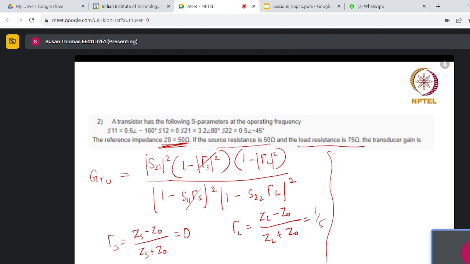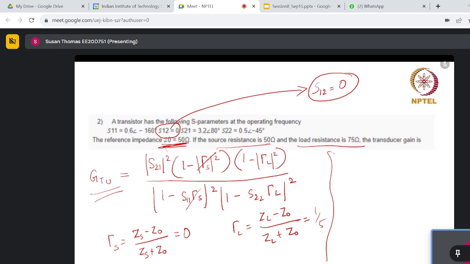You need to see that the transistor is a unilateral circuit, so S12 is 0. From S12 equal to 0, it is clear that it's a unilateral transducer. That's why we have taken this equation for transducer gain. Now the rest of the parameters have to be substituted.